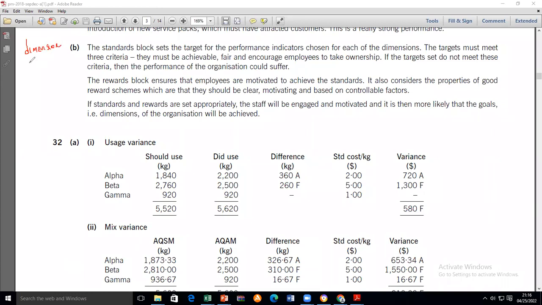And based on the achievement of those targets which we have set on the dimension, we then reward those achievements of targets, which will also help us in achieving our dimension. Like there will be improved quality of service. So as people are achieving those targets, which were set on the dimension, and as we are rewarding them, they will get better, there's improvement in those dimensions. Excellent.